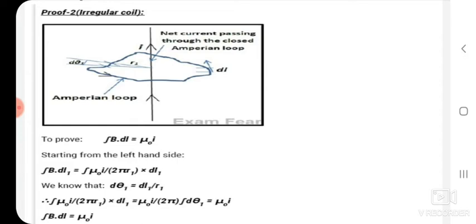Now from the diagram we can show that d theta1 is equal to dl1 by r1. If we substitute, dl1 is equal to d theta1 times r1. Therefore it gives integral mu naught I by 2 pi r1 into dl1, which is equal to mu naught I by 2 pi into d theta1.